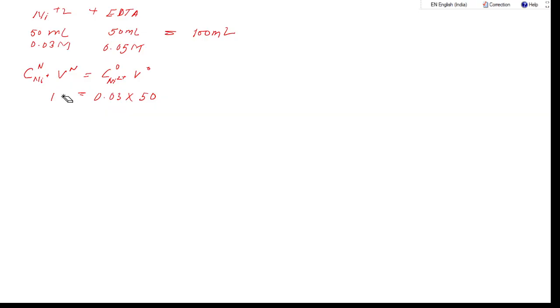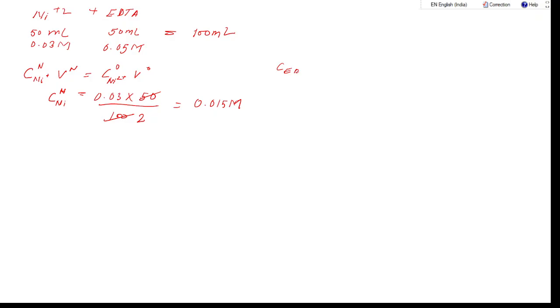We need to calculate this new value. So I'm going to write it like this: new = 0.03 × 50 divided by 100, and if you solve this, it's going to give you 0.015 molar.